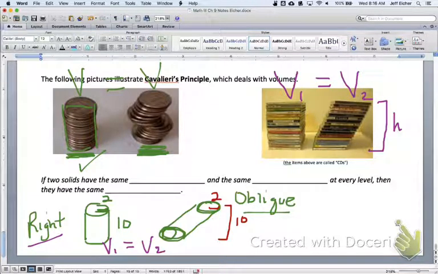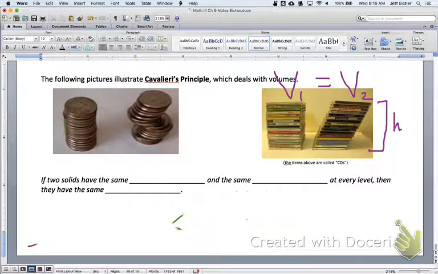So in the lines here, we have: if two solids have the same height and the same cross section, that's what we call it.